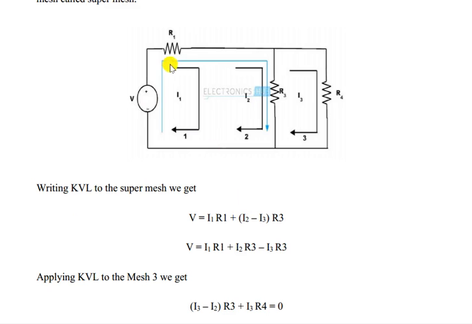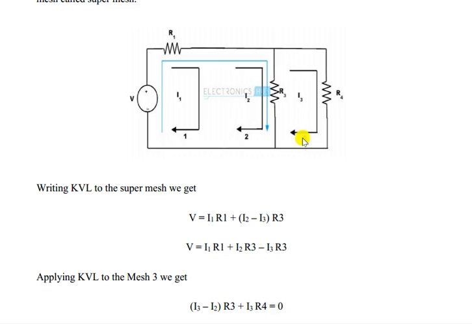I1 is flowing through R1, so I1 R1, and I2 minus I3 is flowing through R3, so that is I1 R1 plus (I2 minus I3) into R3. So you will get the equation. This is the KVL equation of the super mesh.